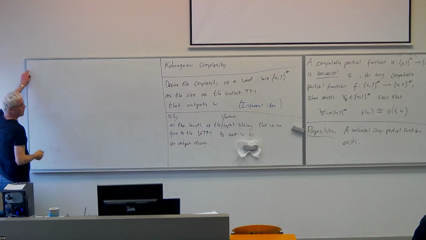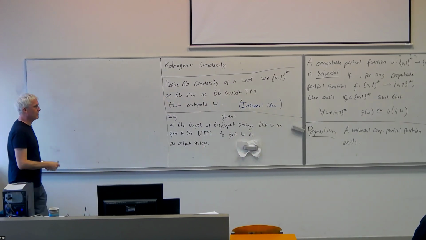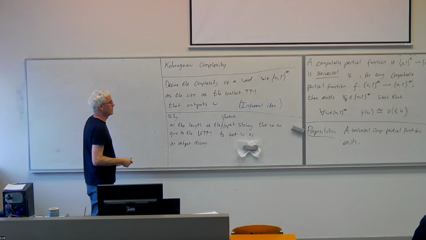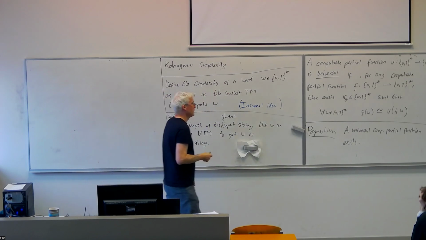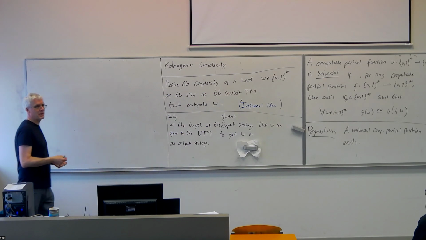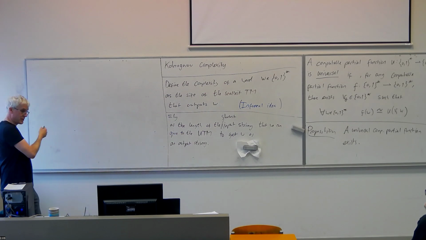So suppose we have two different universal machines. How do the two different complexities of the same string W compare to each other?